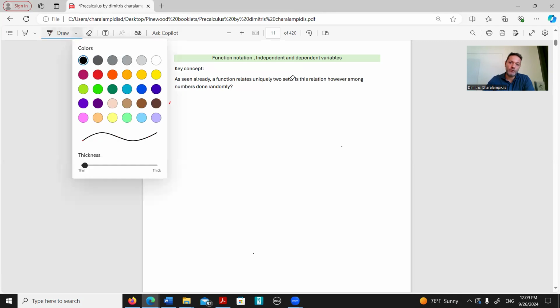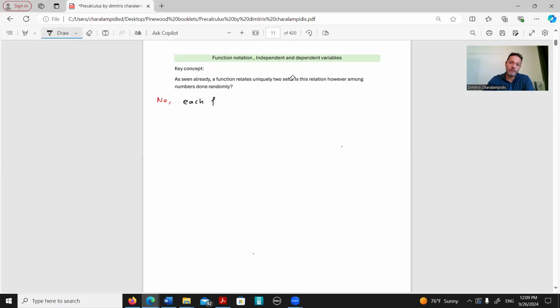Each function follows its own rule, its own pattern.